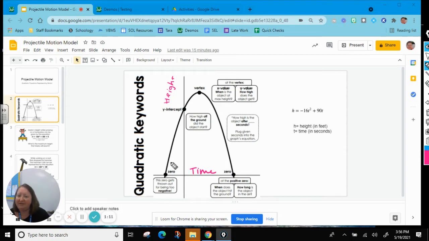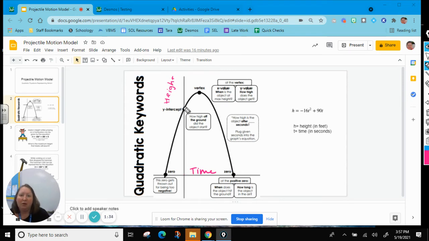And that's why this zero doesn't make any sense or mean anything. Because if this event was, say, someone throwing a rock, when it started, this would be a negative time, which doesn't make any sense. So you're not going to use that zero. If the zero was right here, you might be asked a question about it.